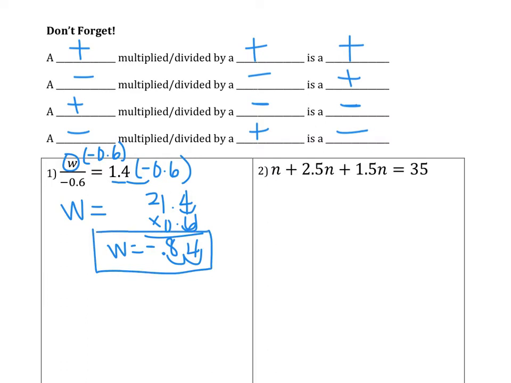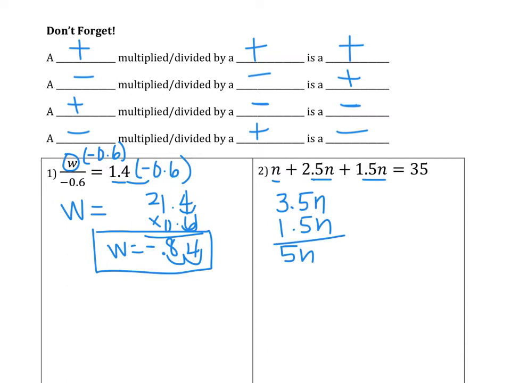Number 2, first thing we want to do is combine all of our like terms. So we have 3 like terms that we want to add together. We have 1n plus 2.5 n's, that's going to be 3.5 n's, plus another 1.5 n, so that is going to give us 5 n's.